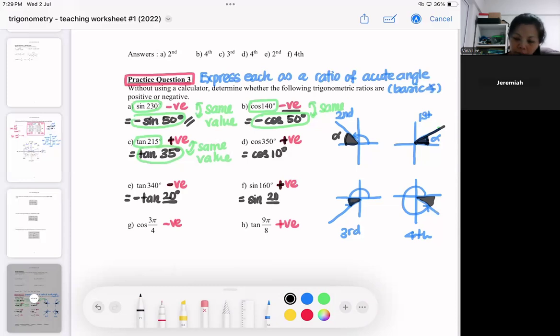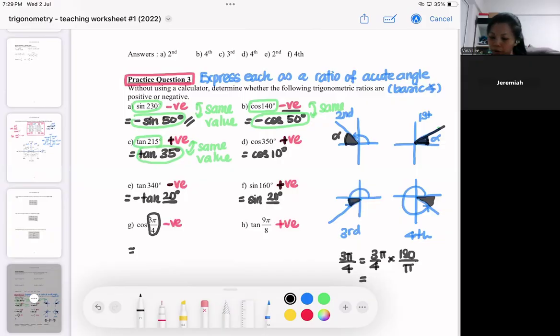Okay, when it is in radian, Jeremiah, we switch to degree first. When it is in radian, it's easier if we switch to degree first. So if you switch to degree, if you still remember, degree is like this. You do the conversion.